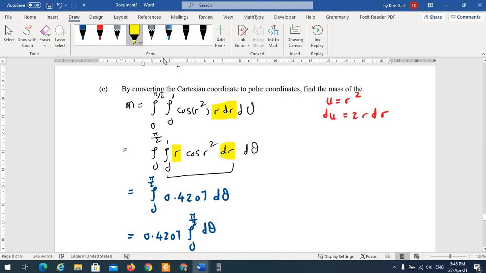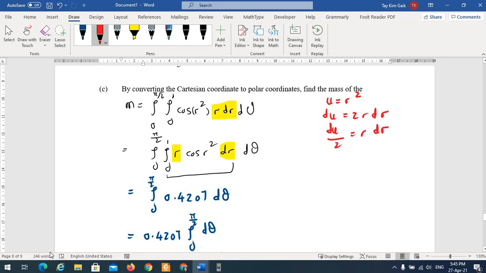I put it in front because I'm afraid some will group together cos r cubed, which is wrong. You have the cos r squared term multiplied by r. So you have the term r dr, which you replace by du over 2.